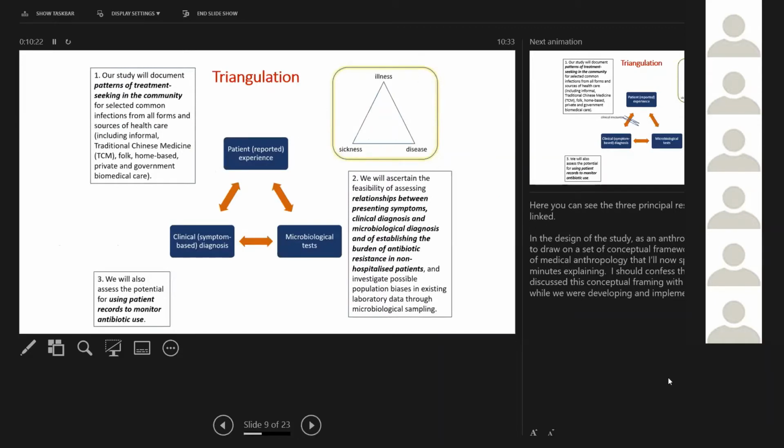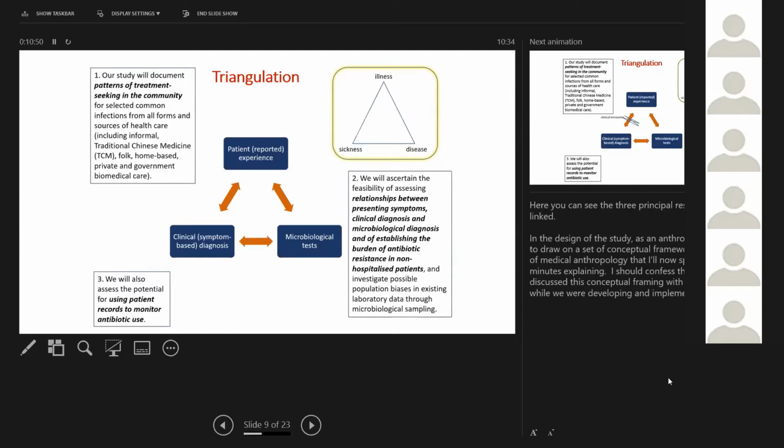In the design of this study, as an anthropologist, I was able to draw on a set of conceptual frameworks from my own field of medical anthropology that I will now spend a couple of minutes explaining. I should confess here that I never really discussed this conceptual framing with my collaborators while we were actually developing how to go about doing this study, but it did become apparent to some of them over time.